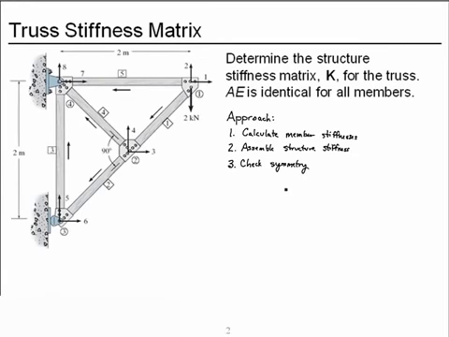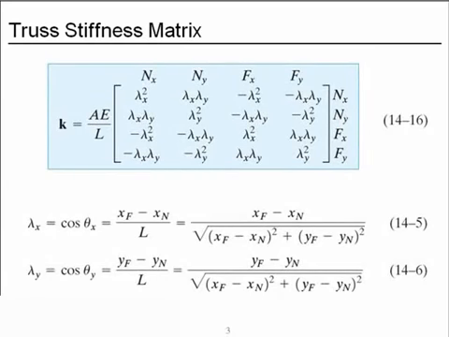So let's get started. The member global stiffness matrix for a coplanar truss element is given by equation 14-16. A, E, and L, the length of the member, are common to each of the 16 terms in the member stiffness, and the rows and columns are organized by near node X and Y degrees of freedom, and then far node X and Y degrees of freedom.